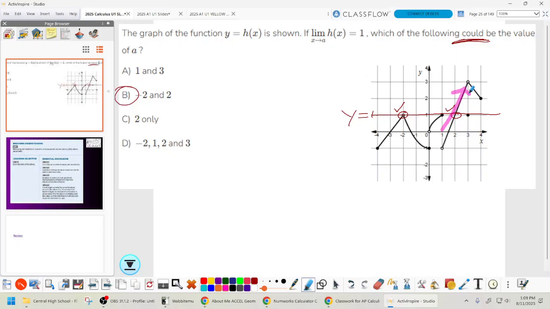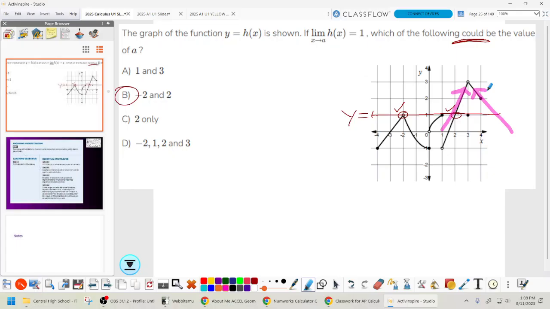What is the intended value of the function coming from the left side? 3. It's 3, and then coming from the right, it's also 3, right? So the limit is the same from right and left, and the limiting value is finite. It's 3, so that limit exists, even though the function's value isn't that. Is that what you're asking?